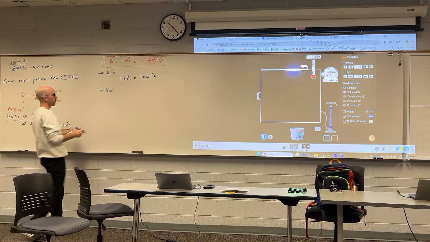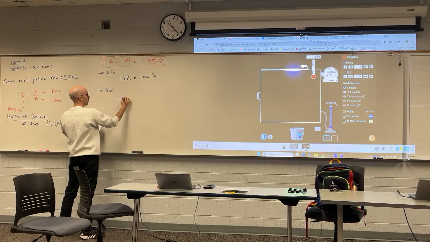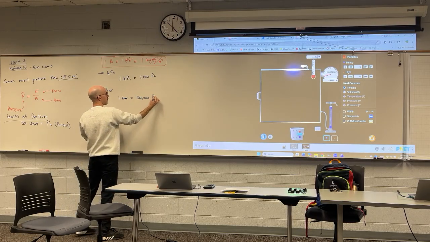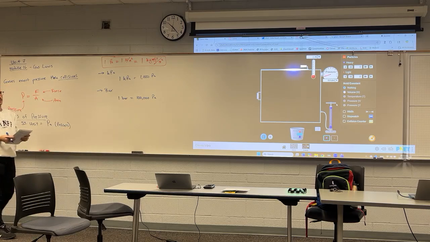We have the bar. 1 bar is equal to 100,000 pascals. One bar is equal to how many kilopascals?